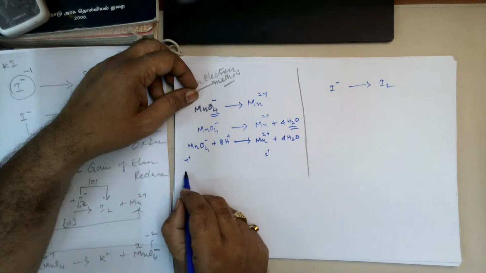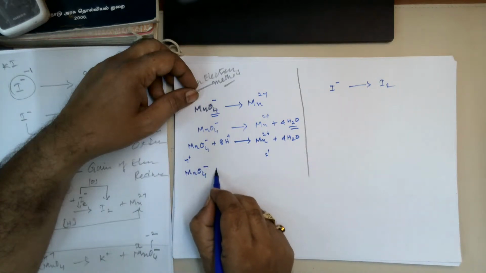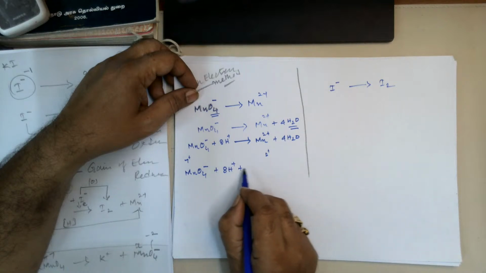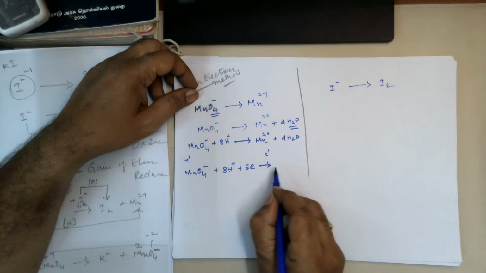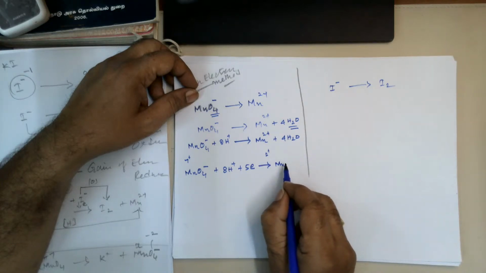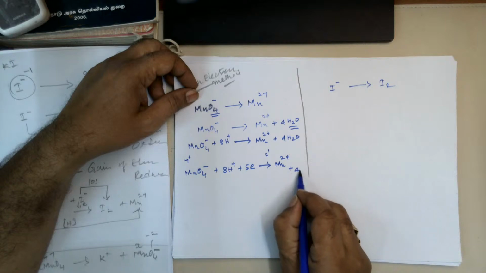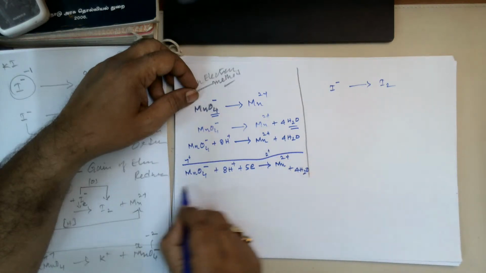So next step, once again you write permanganate, MnO4 minus, 8H plus. Then let us add how many electrons? 5 electrons. Got it? And then here manganese, Mn2 plus, and then 4H2O. Now you check all are balanced, is it not?